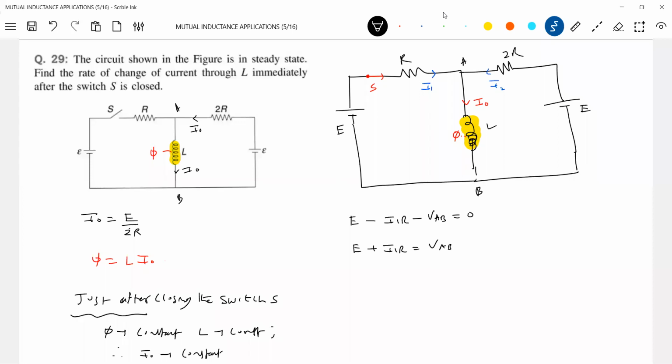Then writing the other loop equation: E minus I2 into 2R minus VAB. So E equals 2 I2 R plus VAB.